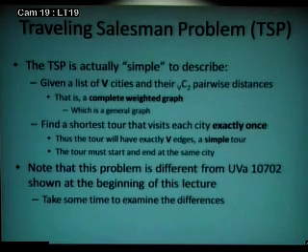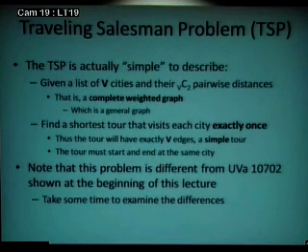Yeah. So your task is to find a shortest tour that visits each city, all of them, exactly once. So that your tour will have exactly p edges, a simple tour. You cannot have A go to B, B go to A again, go to B, go to A. You cannot do that.